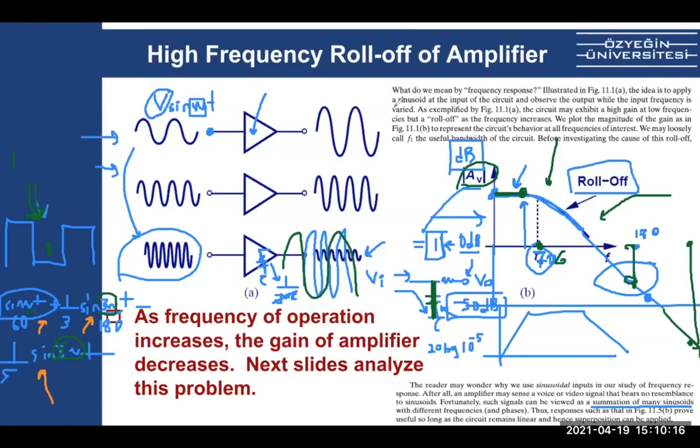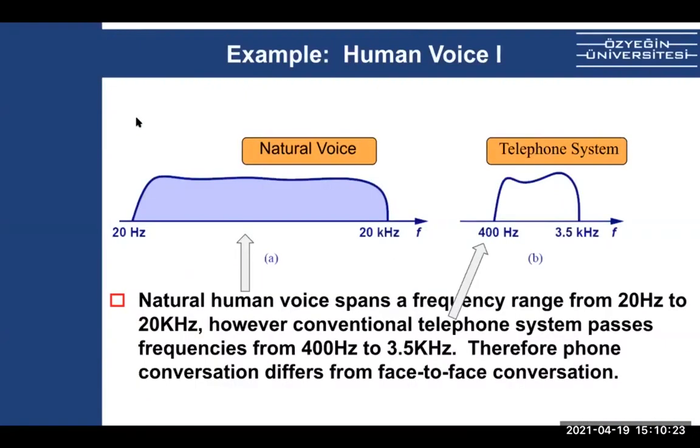Let's continue. Mesela güzel bir örnek. Natural voice. My voice, or your voice, is between the range of 20 Hz and 20 kilohertz. Okay? But when you talk on the phone, because of the equipment in the cell phone, there are chips, right?